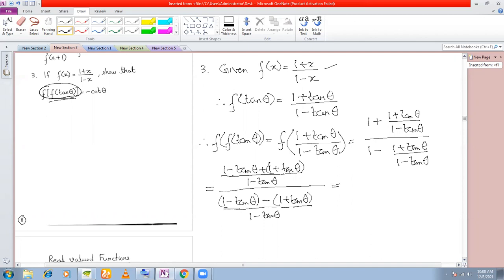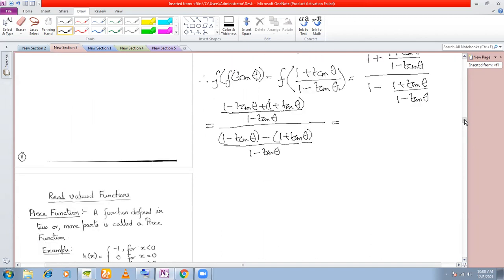Now we'll simplify the numerator and denominator. In the numerator, you have 1 minus tan theta, and here you have 1 minus tan theta plus 1 plus tan theta. In the denominator, you have 1 minus tan theta below.